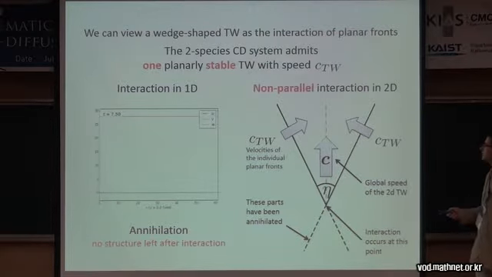In particular, we will have two fronts moving with their one-dimensional speed, and the global pattern will move with a global speed c, which will be directed along the bisector, as I said earlier, and this whole pattern will not change shape as it moves.